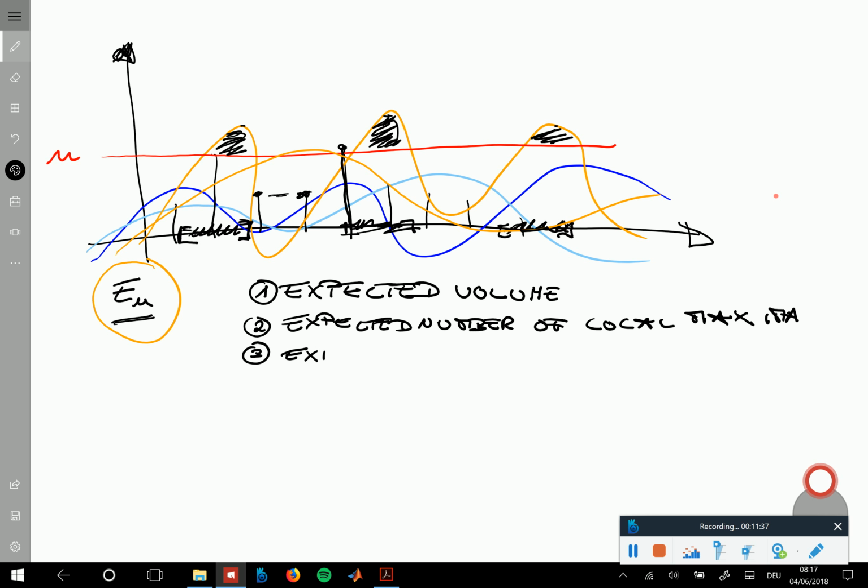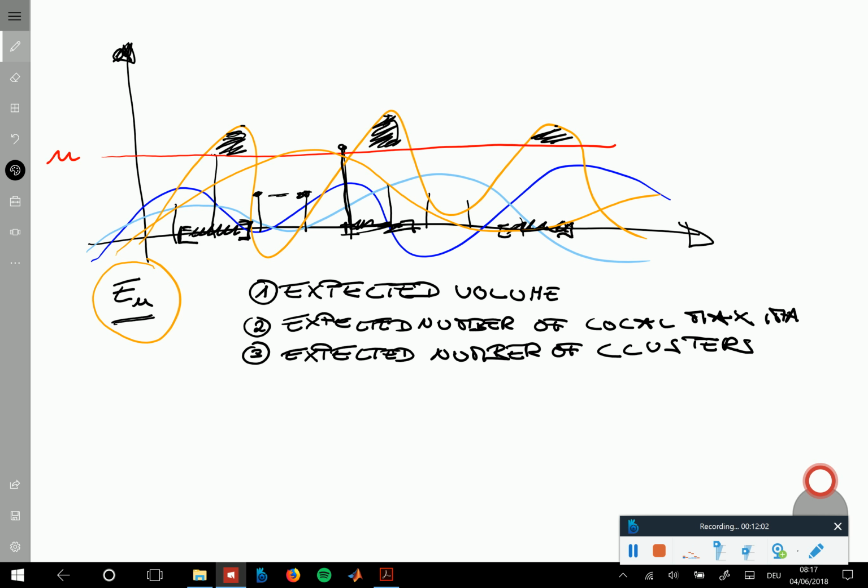So that's the expected number of local maxima, and a very closely related entity, specifically from the brain imaging viewpoint, is the expected number of clusters. Clusters are, at least for the moment, until we go into how SPM evaluates clusters, understood in this informal setting as things that cluster together.